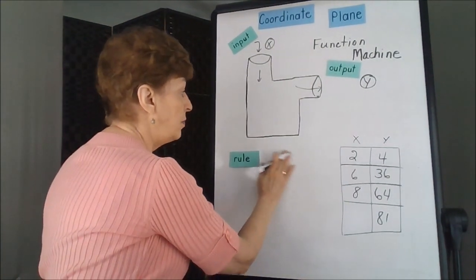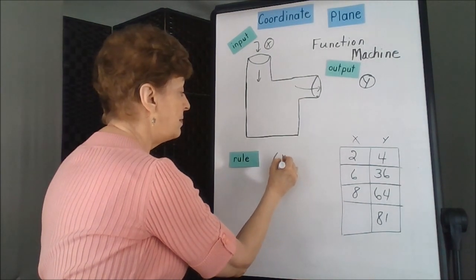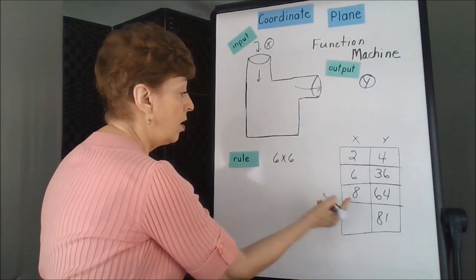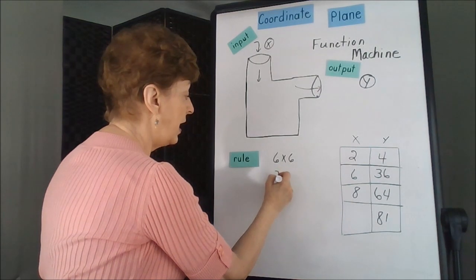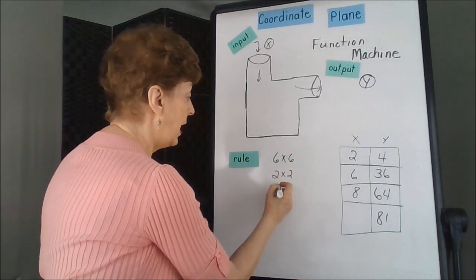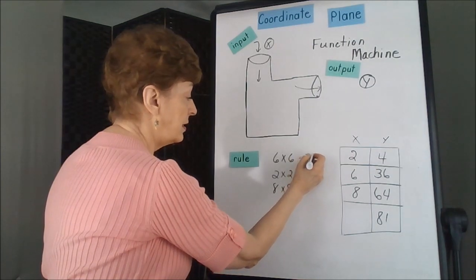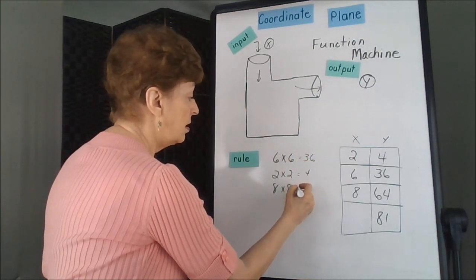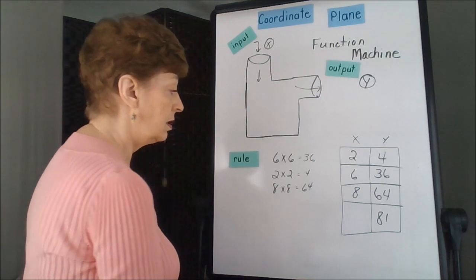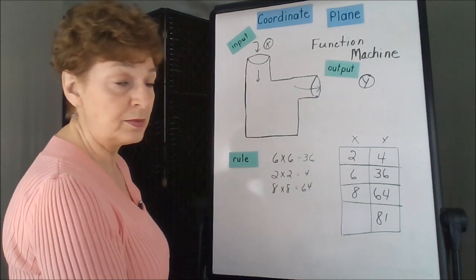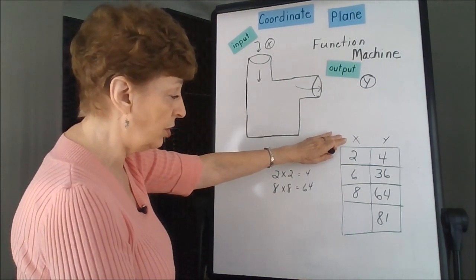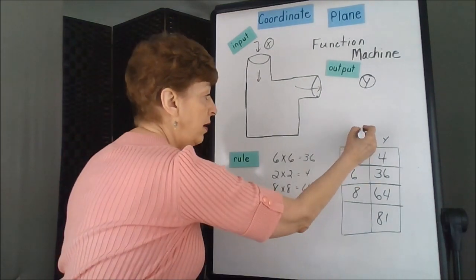Well, 6 times itself, or 2 times itself, 8 times itself gives 4, 36, 64. So really what we've done was we've taken the x term and we've squared it.